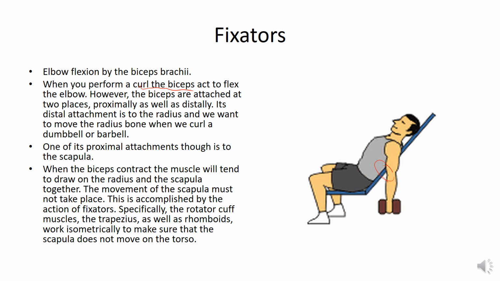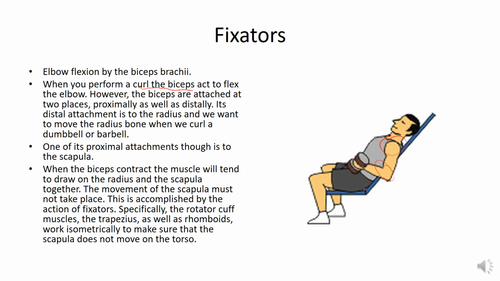We want to move the radius bone only when we curl a dumbbell or barbell. One of its proximal attachments is to the scapula, as I have told you, and when the biceps contract, the muscle will tend to draw the radius and the scapula together. The movement of the scapula must not take place.